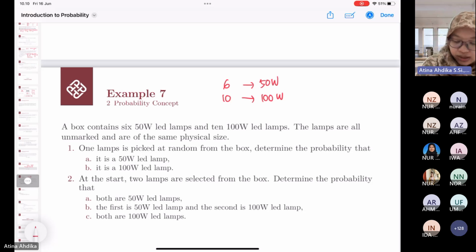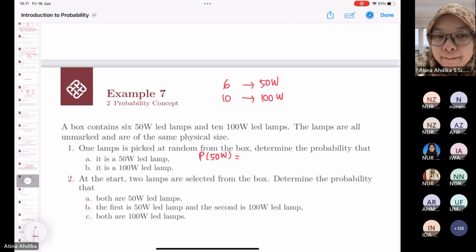So for the first one, the probability that this is a 50-watt LED lamp: we just picked one lamp without any further picking. So what is the probability that the randomly picked lamp is the 50-watt LED lamp? 6/16.